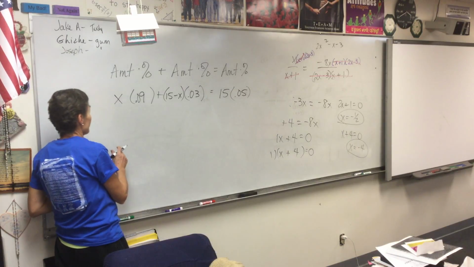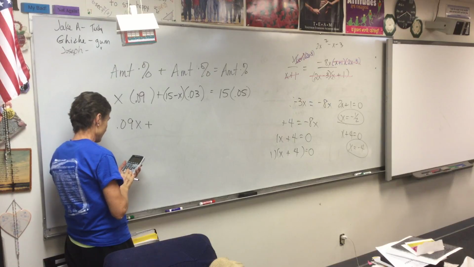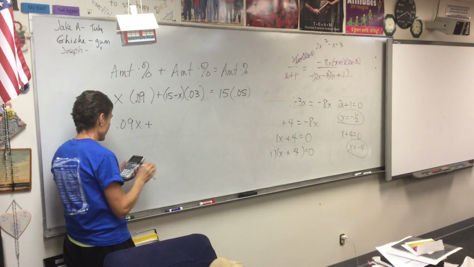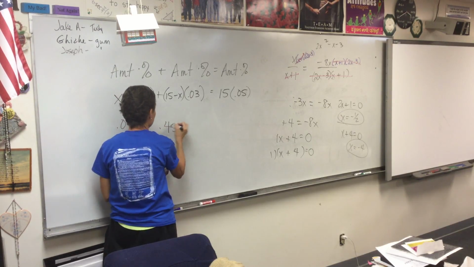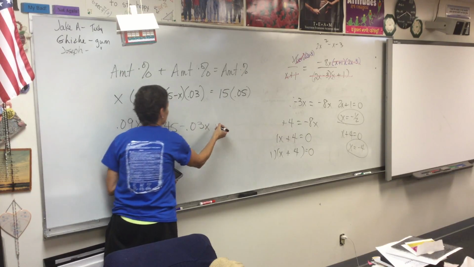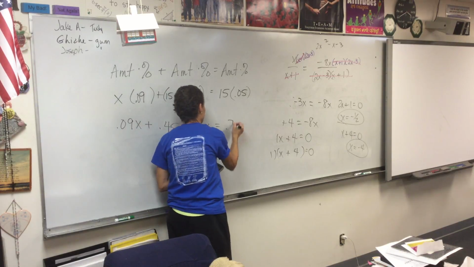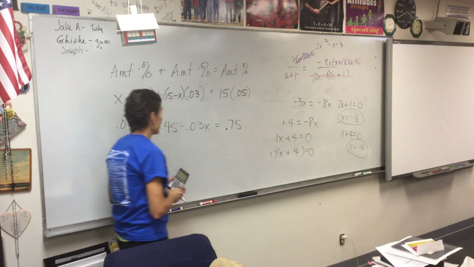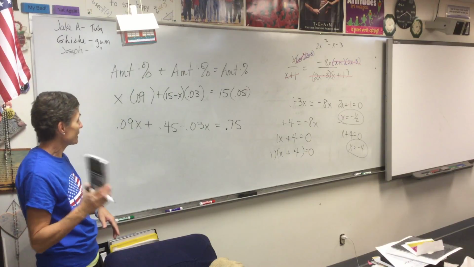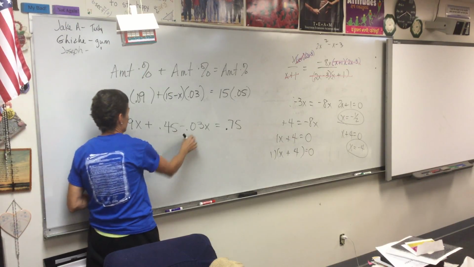So now I'm ready to do my arithmetic. 0.09x plus 15 times 0.03, 0.45 minus 0.03x. I have to distribute here. So there we go. I've done my arithmetic using my calculator to help me. Now I'll collect like terms.